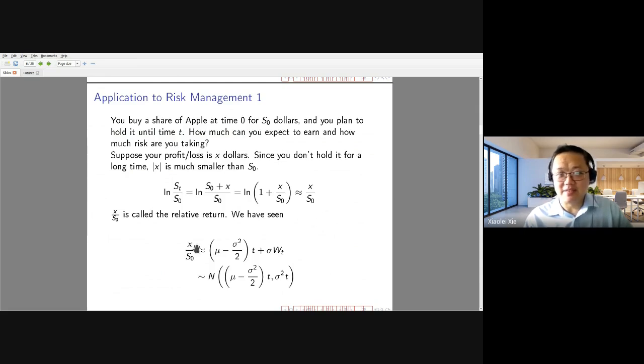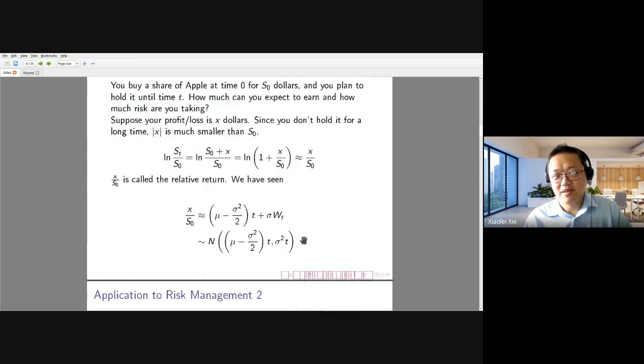So we can see that the relative return is what we arrived at earlier in this expression. So that tells us our relative return has a normal distribution with a mean given by mu minus half sigma squared times t, and the variance is sigma squared times t. So that means the longer we hold the stock, the more we can expect to earn, if, of course, the drift in the stock price is positive.